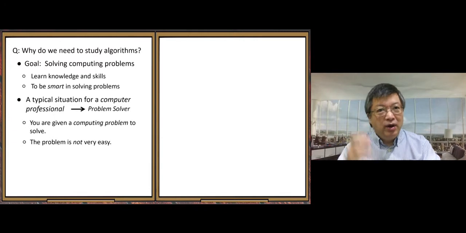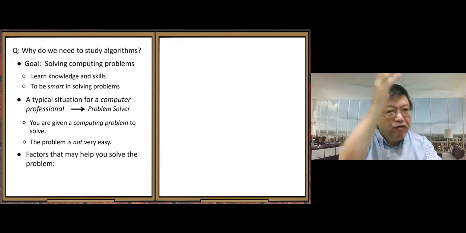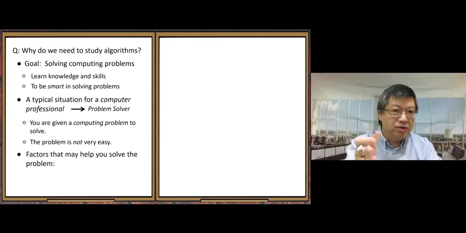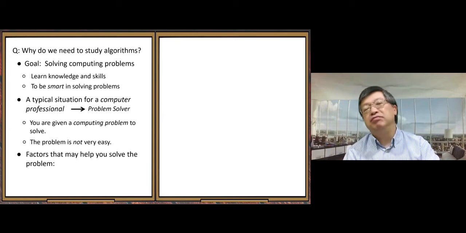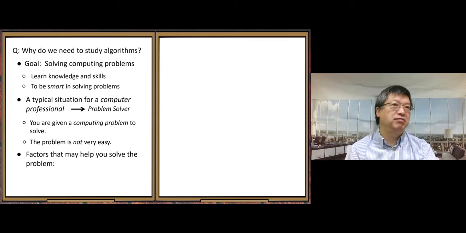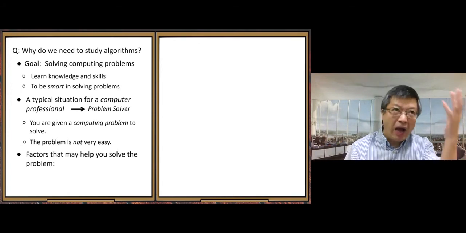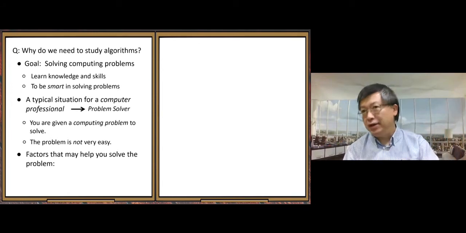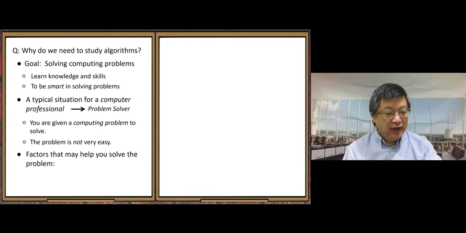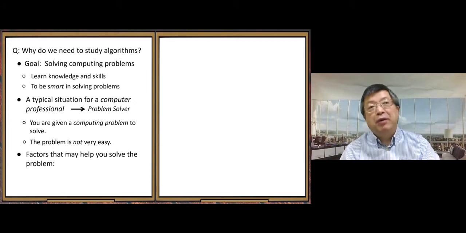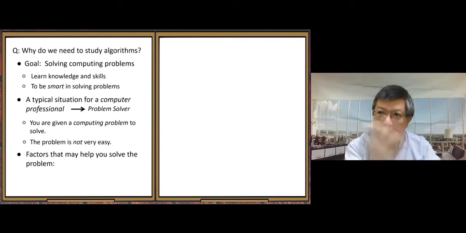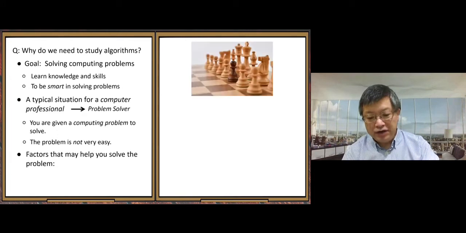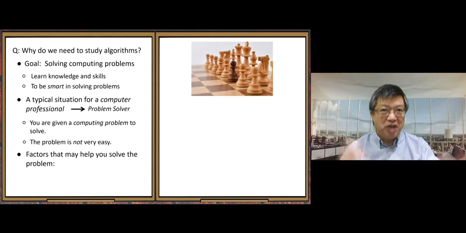Okay. So now we want to think in this way: factors that may help you solve the problem. What are those important factors? So we look at algorithms in this way, factors. Let's use our experience to understand the factors here. First, I want to use the chess game.